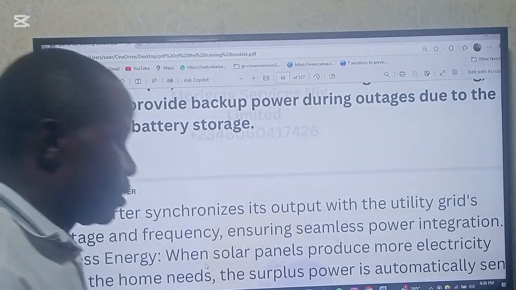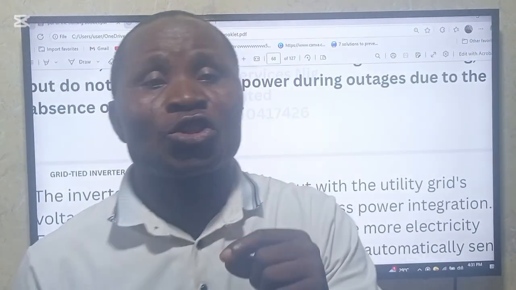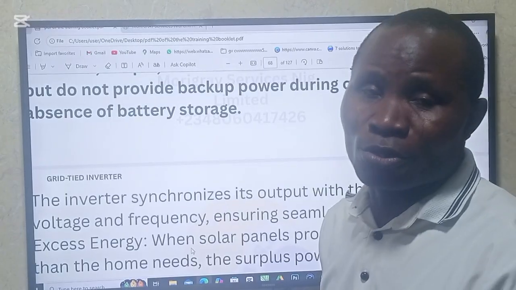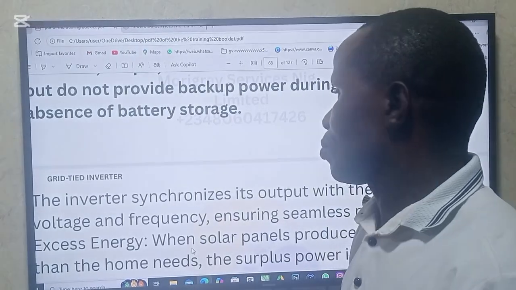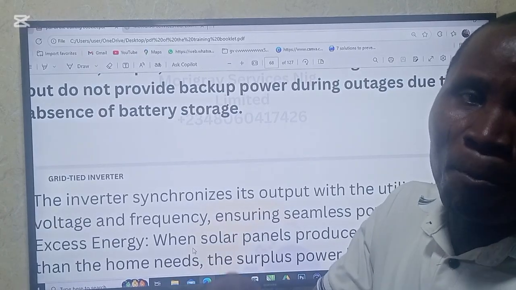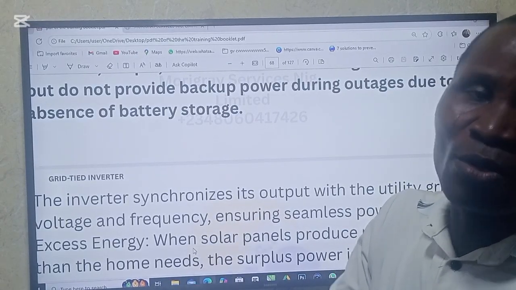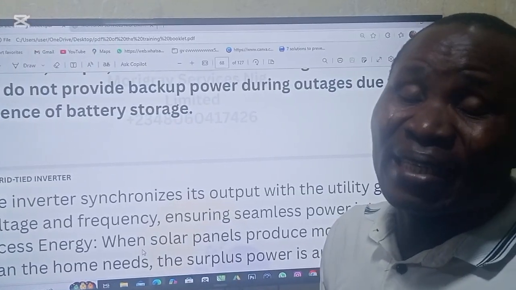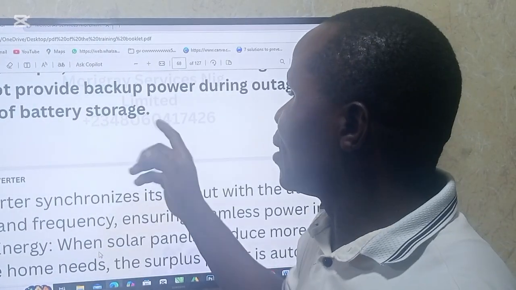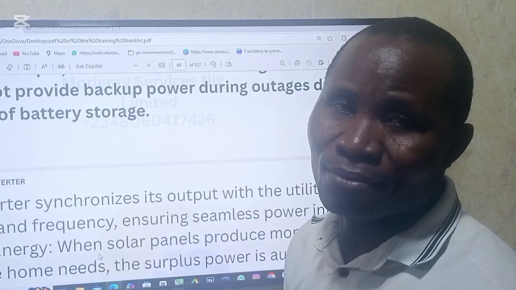Have it in mind that it doesn't have a battery, and as such, when there is a total outage of power from the national grid, it will automatically shut down. So it does not provide independent power to the users. And that is why a lot of people are running from the grid-tied inverter.